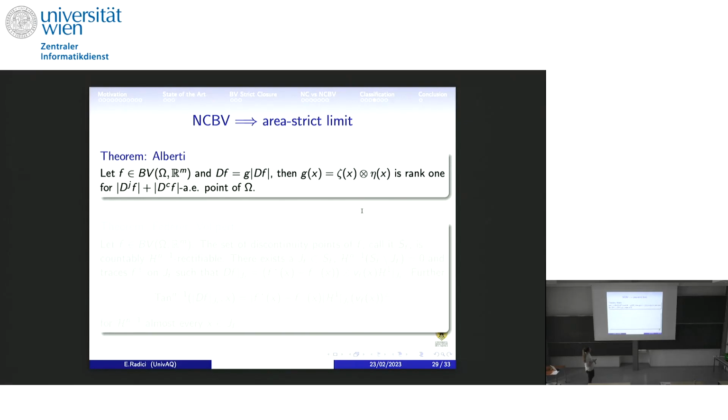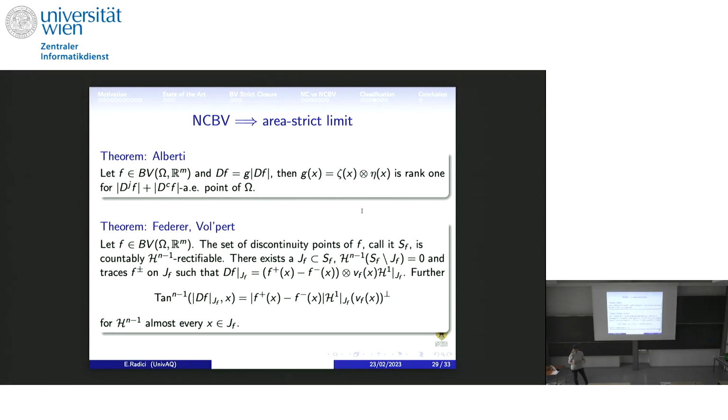Well, you have to use two very fine properties of BV mappings. The first is the rank one property of Alberti, the celebrated Alberti's theorem, that is telling you that in the polar decomposition of the gradient of your BV map, the singular part, the matrix is rank 1.